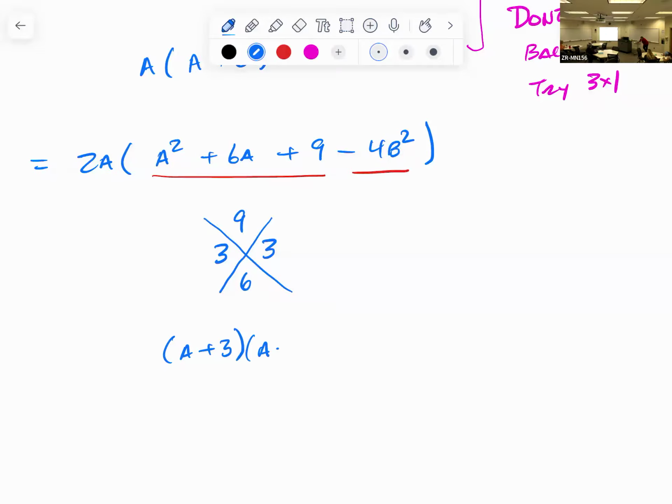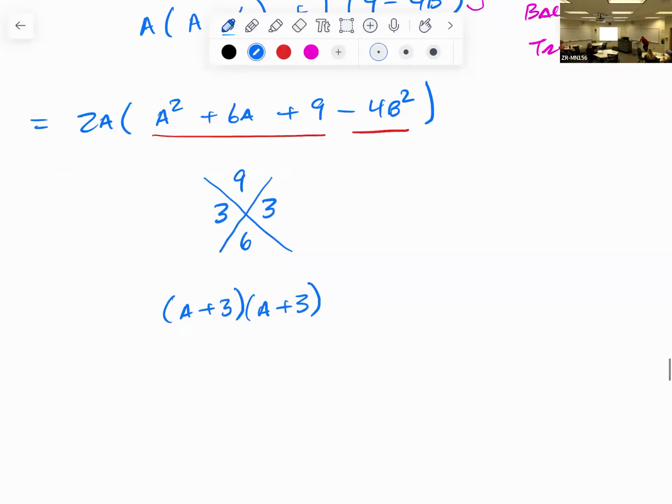That means that's A plus 3 times A plus 3. Also, I could rewrite that as A plus 3 squared. And that's the point of the 3 by 1 grouping, to get something quantity squared.